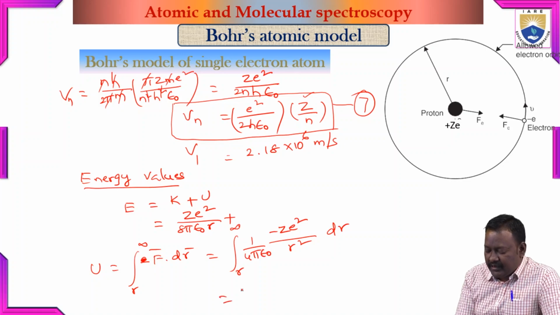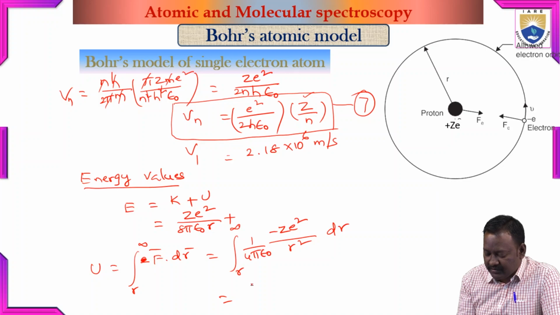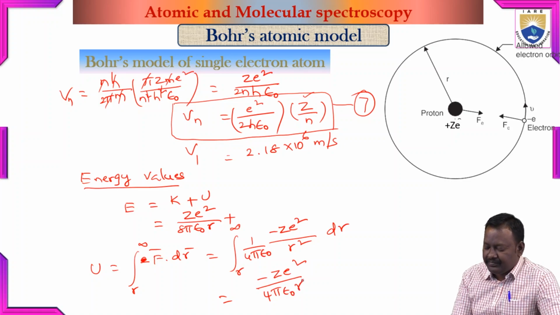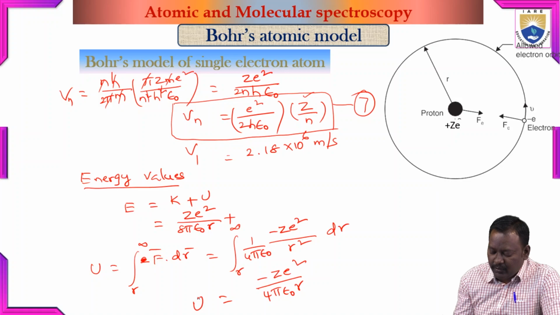After integrating this expression, we get minus Ze square by 4 pi epsilon naught r. So this is the potential energy.